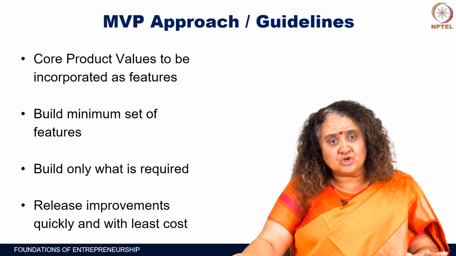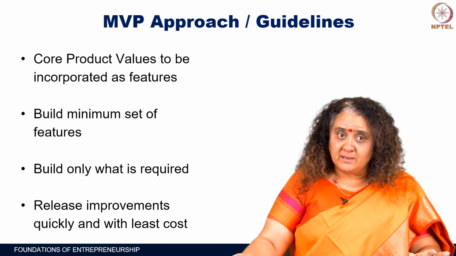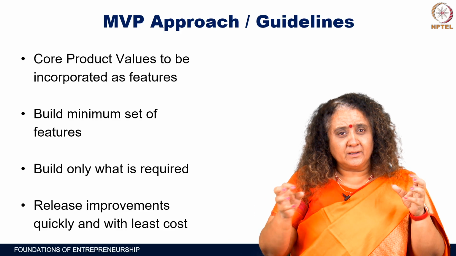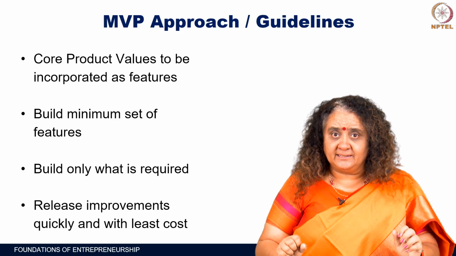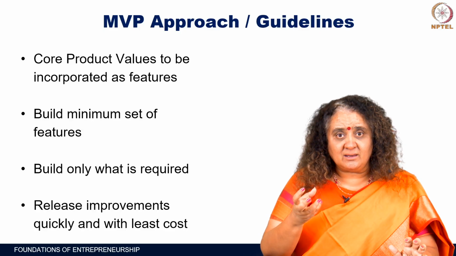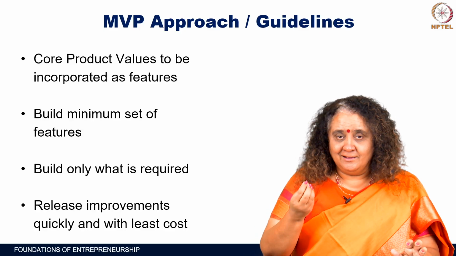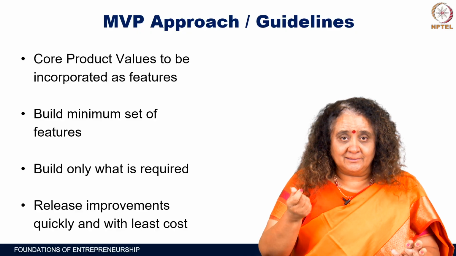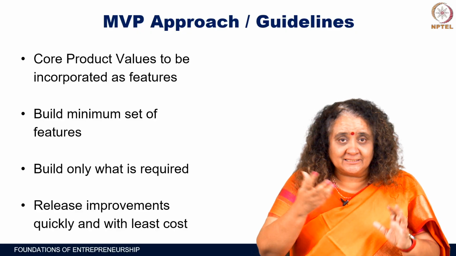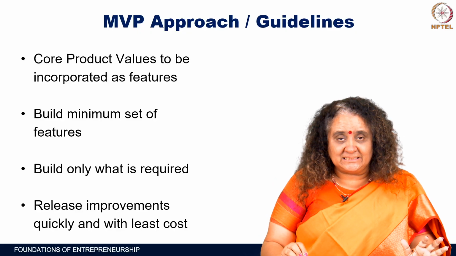What is the approach? The approach to an MVP is that the core, the key product values have to be incorporated as features. So, for a cookie, it should have flour and fat and sugar and fiber and flavor and whatever other base ingredients.